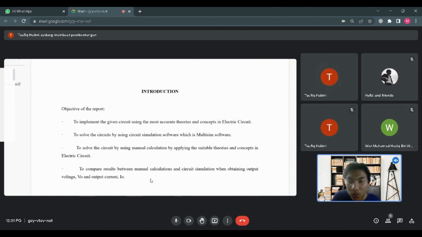Second, to solve the circuit using circuit simulation software, which is Multisim. Third, to solve the circuit by manual calculation, applying suitable theories and concepts in electrical circuits. And lastly, to compare the results between manual calculation and circuit simulation when obtaining output voltage and output current.